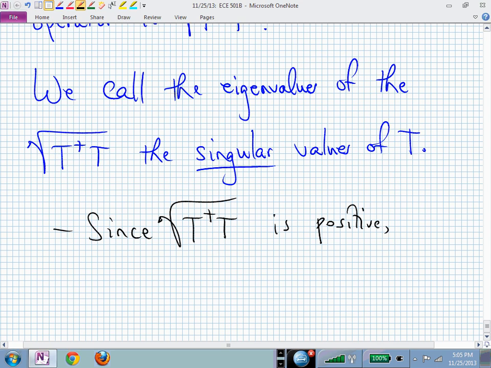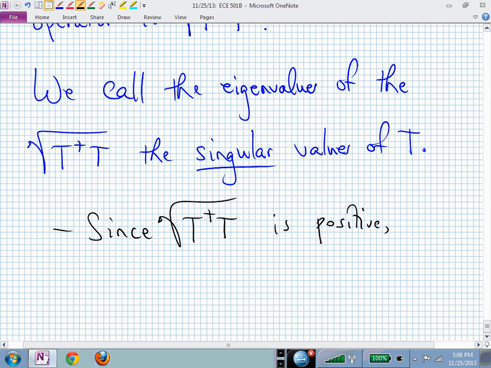They're real and non-negative, aren't they? We don't have any negative eigenvalues for this. Maybe this is sort of mislabeled. We should say since the positive square root of t dagger t is non-negative, that's maybe a better way of stating it, but historically, they just call it positive.